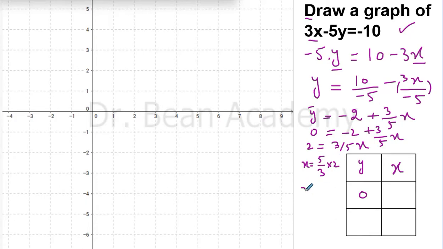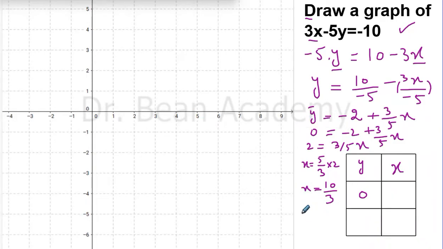And then the value of x is 10 over 3, because I have to make this point on the graph, so I need to have the value not in the fractional form, but in decimals.